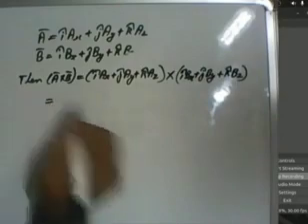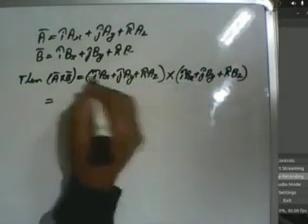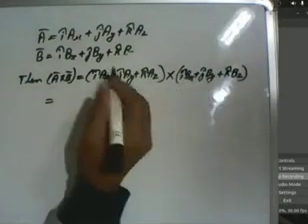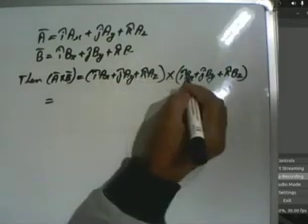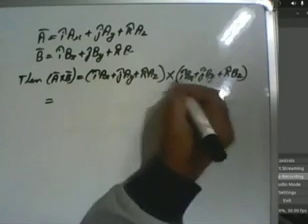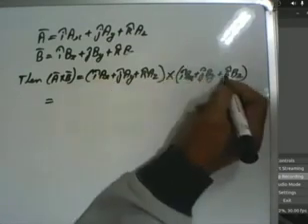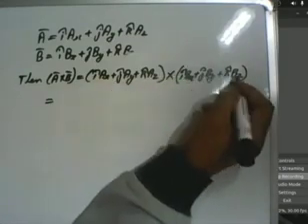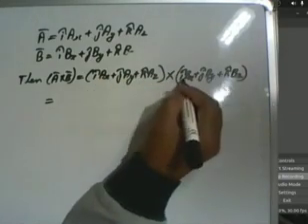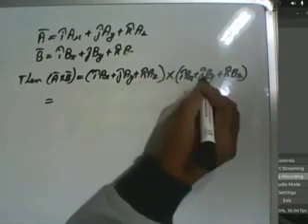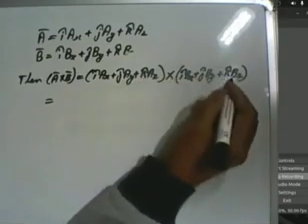So we have to take the cross product. So this is I cross I AxBx, I cross J AxBy, I cross K AxBz. So the cross terms will remain. I cross I gives me 0, J cross J gives me 0, K cross K gives me 0.